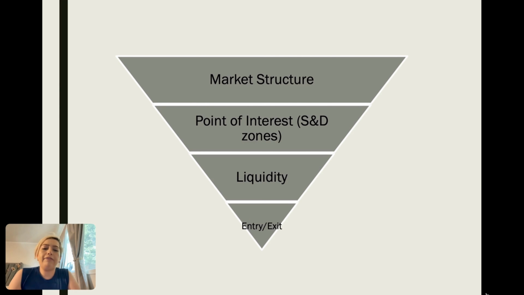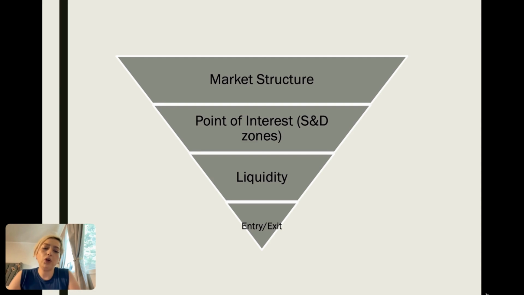Next, we look for our point of interest. It can be supply and demand zones, it can be support and resistance, it can be the last swing high or lows, or order blocks, areas where institutional orders are entering the market.